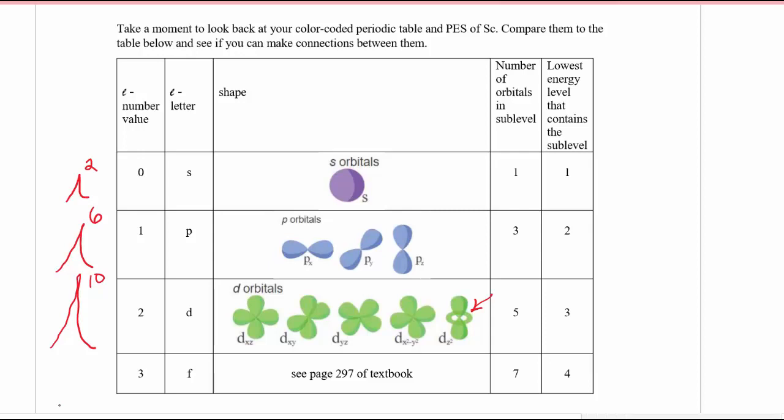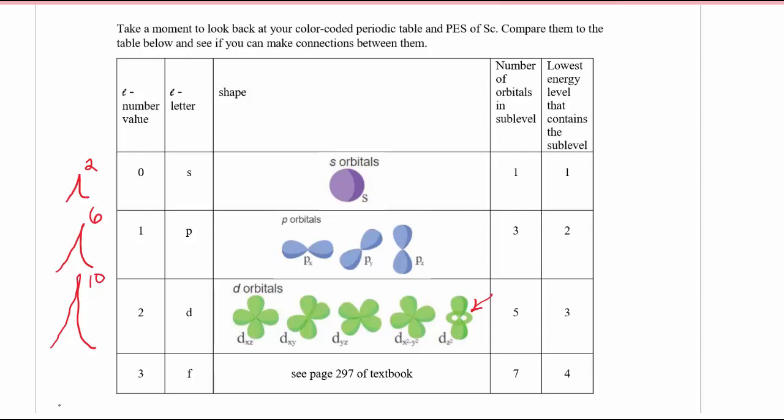But if you look on page 297 of your textbook, you'll be able to see what those orbitals look like. See how they have multiple lobes to them. Going with the F, they are F orbitals, so I think flowers.